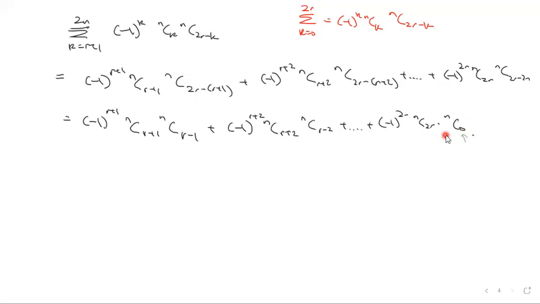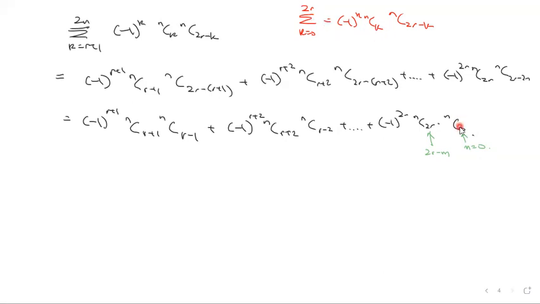If you let this be m equals 0, you can think of this as 2r minus m, where m is 0. And that will just be even numbers, so that's going to be +1. Basically, I'm saying that this is the same thing as that, except it's missing one term, right?